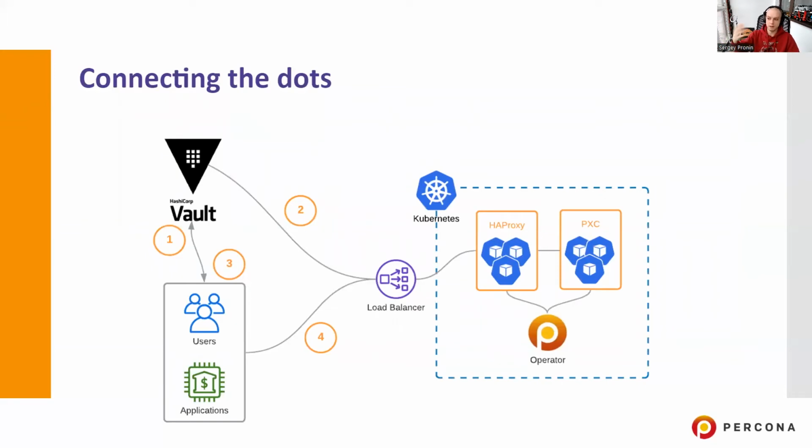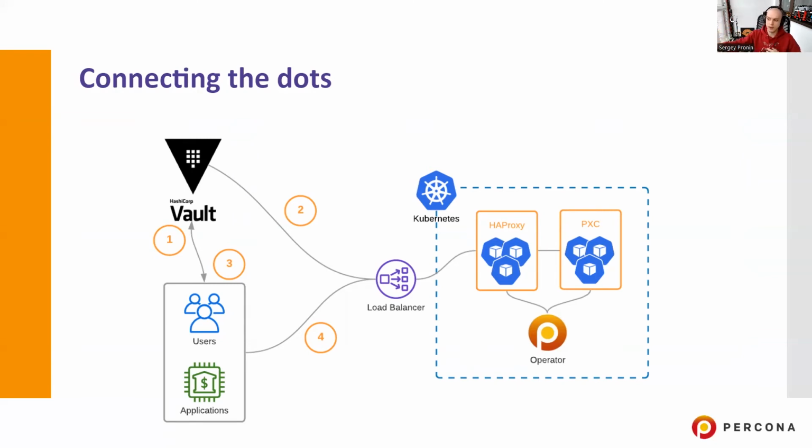Once they do that, HashiCorp Vault connects to the database and creates dynamic users on the database side, based on our role. After that, HashiCorp Vault goes back to us and says, hey, here are your dynamic user credentials, please use them. And only then can we connect to the database.